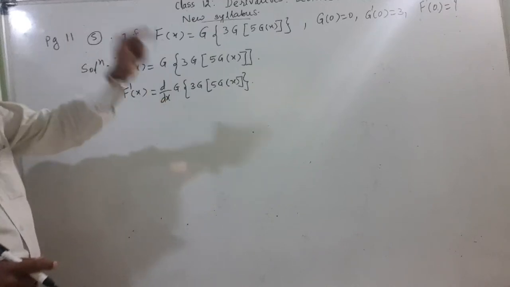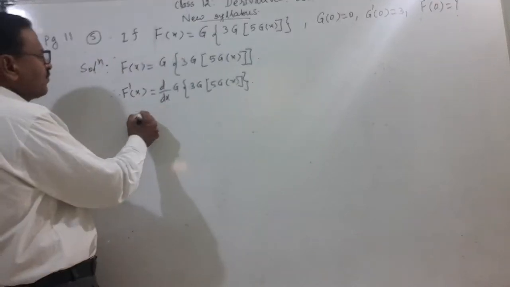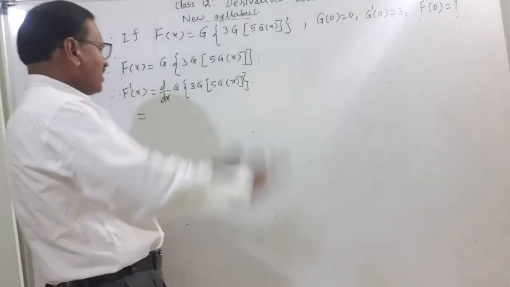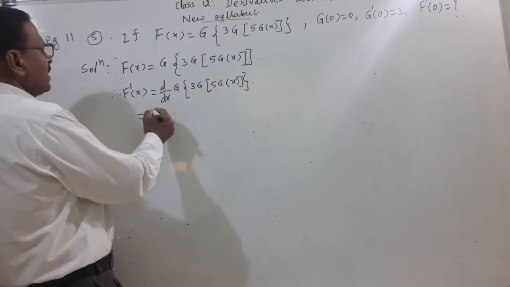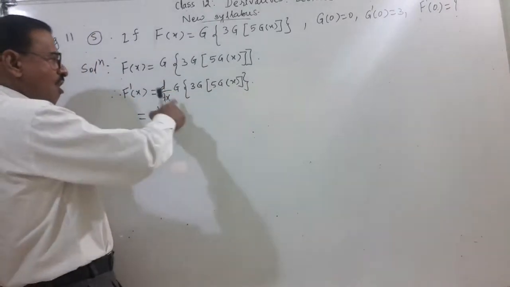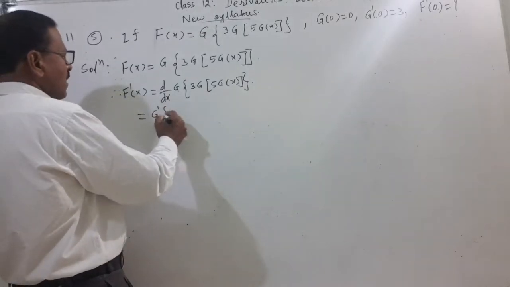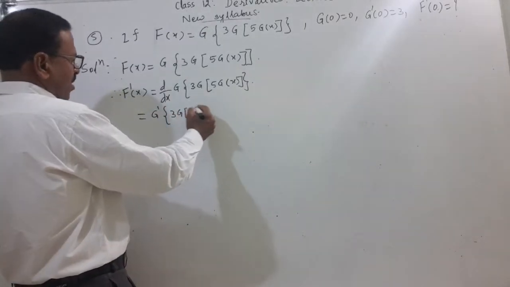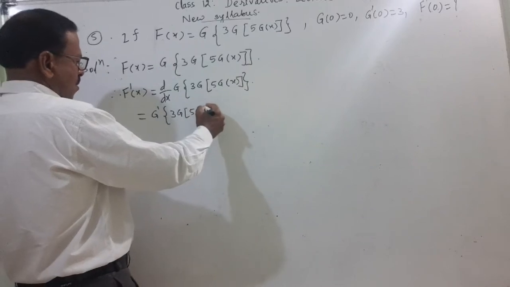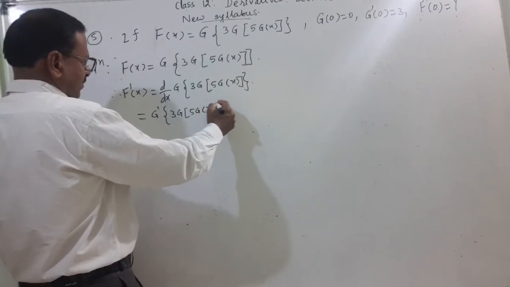First of all, we will go in the sequence. The derivative of this will be g dash of this whole, g dash of 3g of 5g of x.